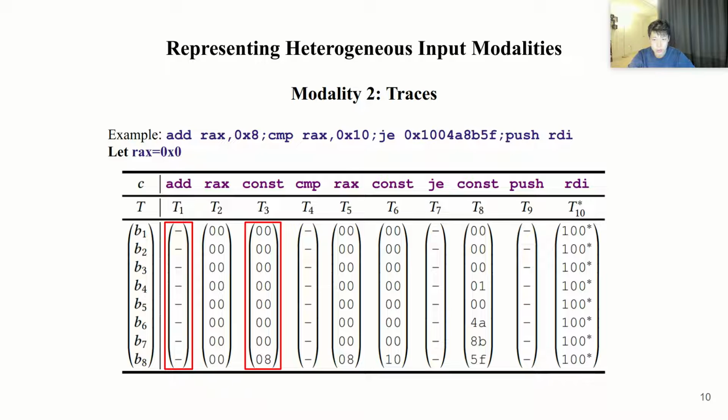For registers and constants, we use their actual values with 0 padded in the front. For instructions that should have values but do not have because they are not executed because of the control flow transfer, we use a special value that is 256, which is out of the range of a regular byte to represent it. Here, push rdi is not executed as the jump-equal instruction right before it has changed the control flow of the code.